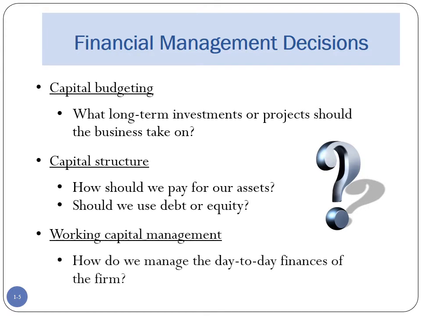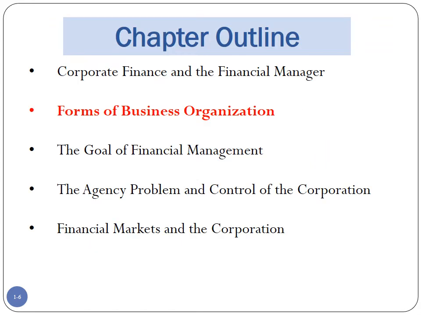The third type of decision is working capital management. How do we manage the day-to-day finances of the firm? So these are the three primary areas in which financial management decisions are made, and in which you're going to get involved as an environmental manager, because the implications of your decisions affect these decisions.